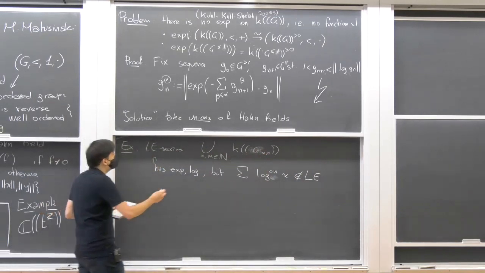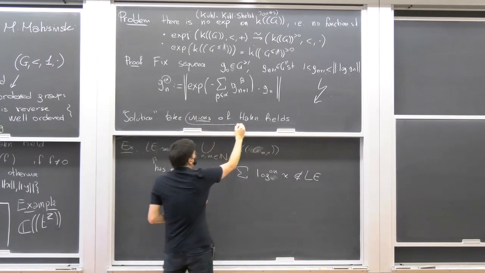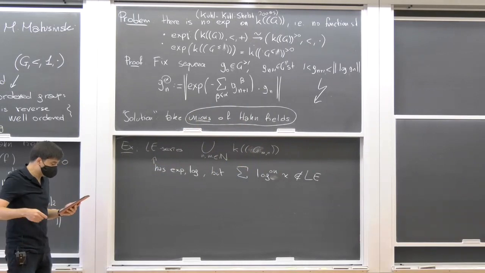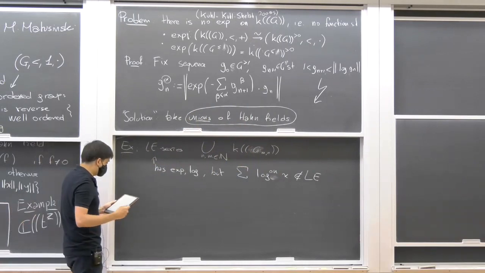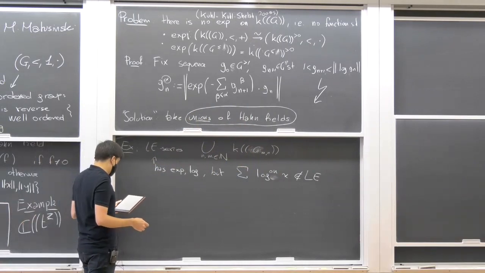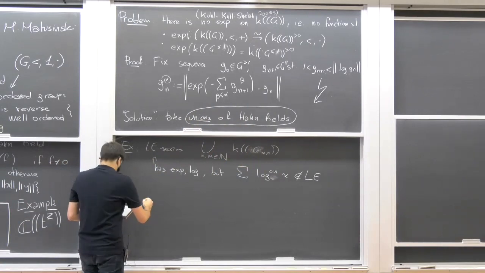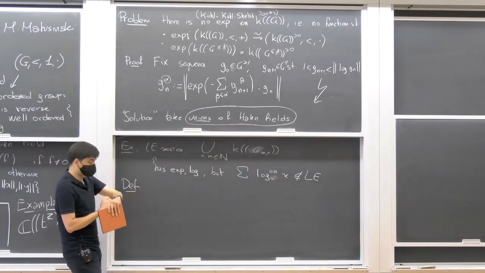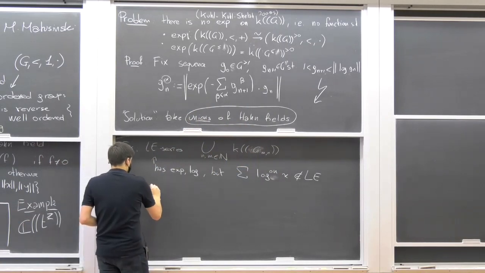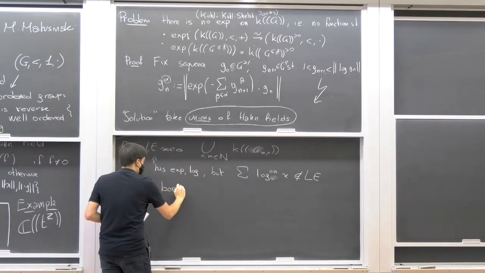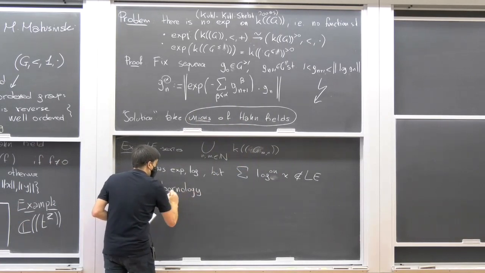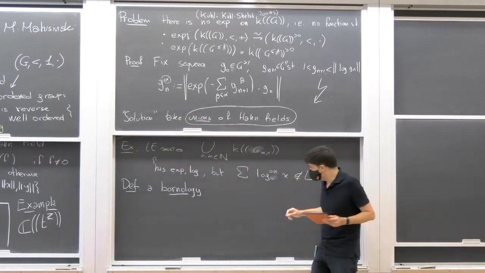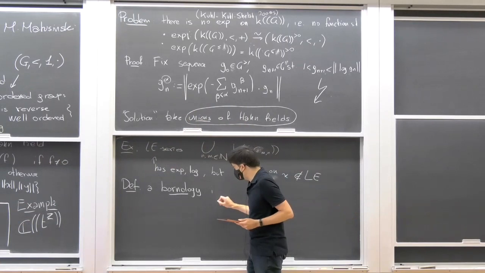Okay, so now I want to make this into a nice formal object that I can reuse, to use the same language to describe all the examples. So let me define a bornology. That's just a name. I'm taking this from Bourbaki, of all people.